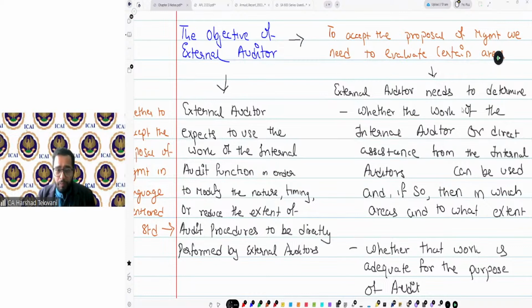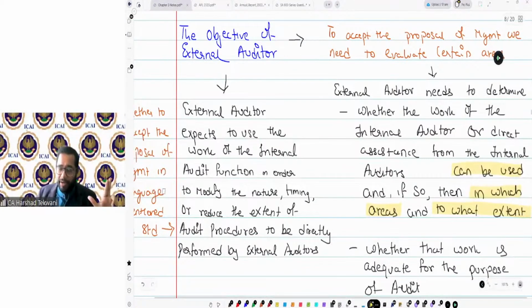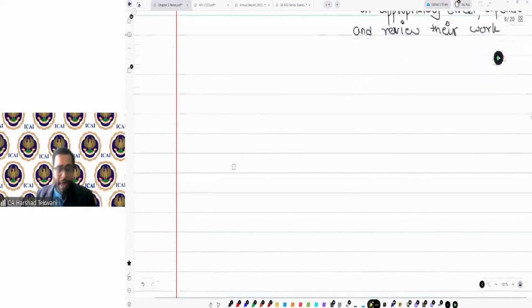So the first one: the external auditor needs to think about whether the work performed by the internal auditor can be used. That is the first part, whether it can be used. If so, then in which area and to what extent? Three things.